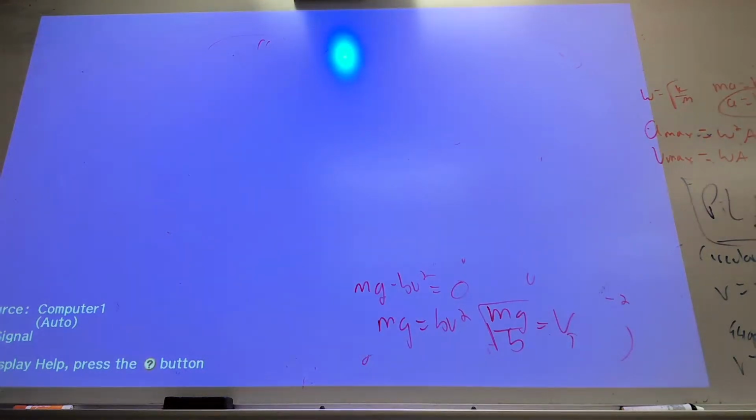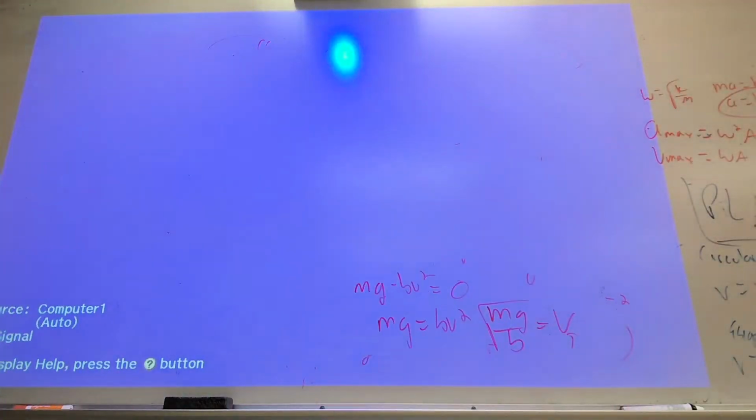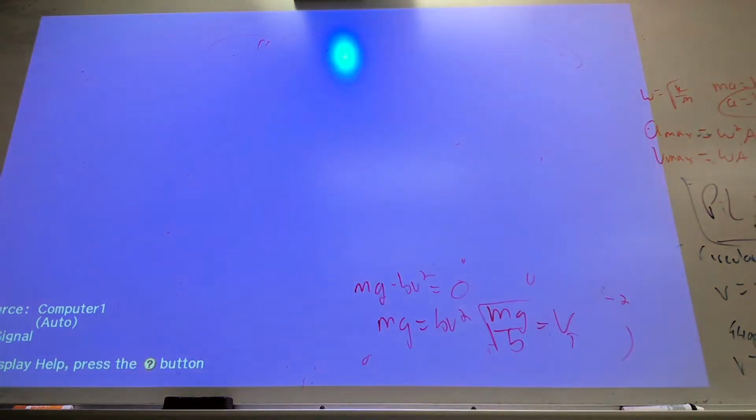Now remember, at some point, we're always subbing in what we got earlier. You have your conservation of energy equation in your packet. If you don't remember, it's page 3. Show me when you're done.